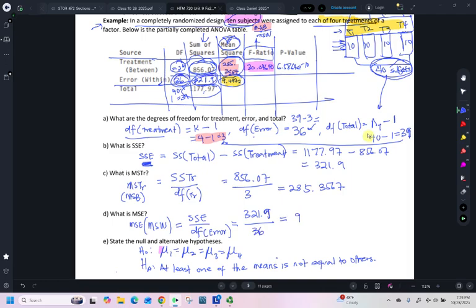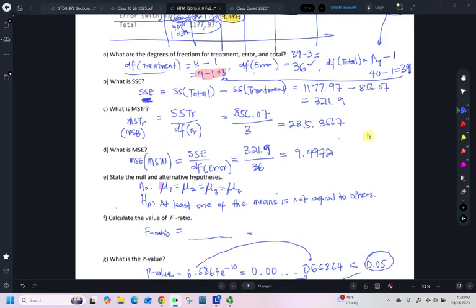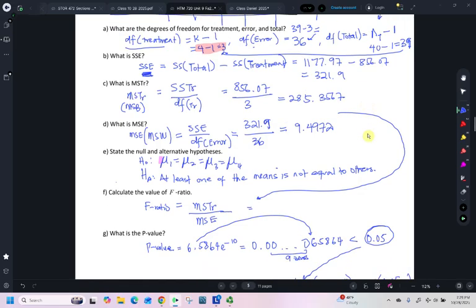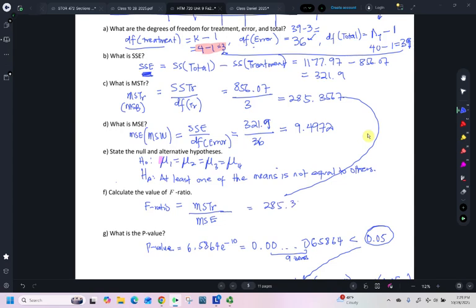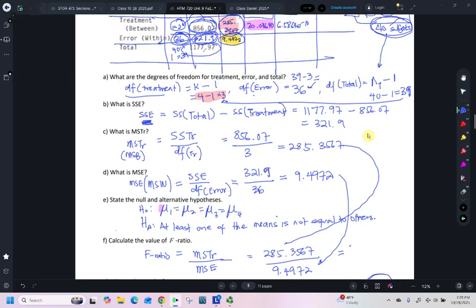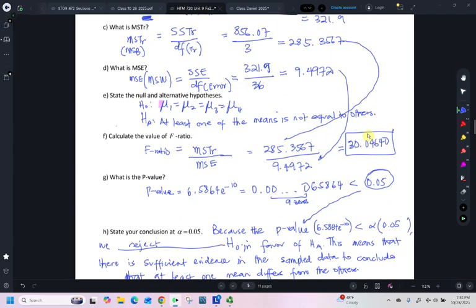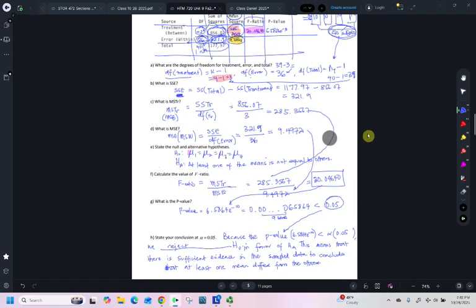And that gave us 9.4972. And to get our F ratio, we say mean square treatment divided by mean square error. That would be 285.3567 divided by 9.4972, and that gives us 30.04640, which we used earlier to compute the p-value. So with that said, we have that complete.